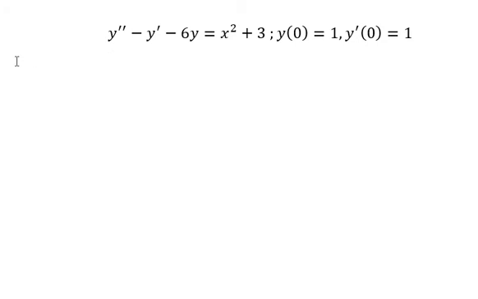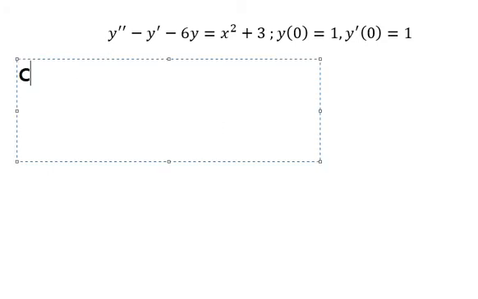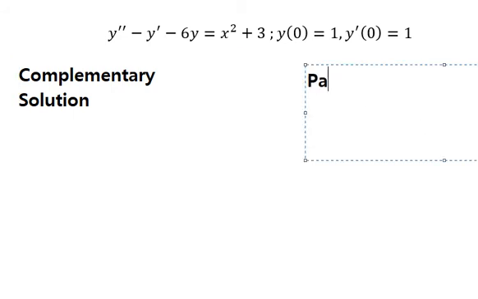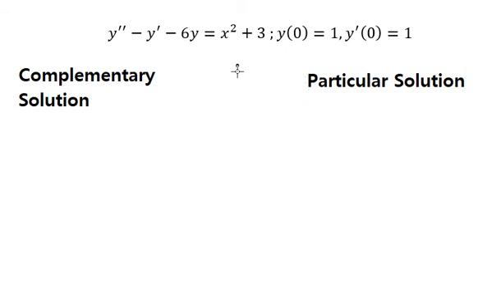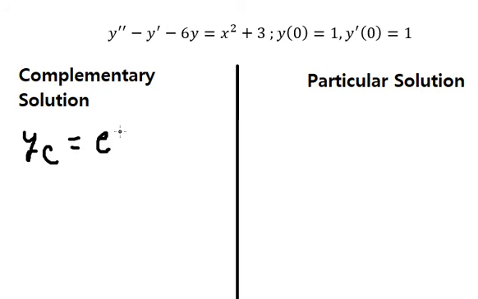In this one, we need to create a complementary solution and a particular solution. For the first one, we put yc equals e to the power of lambda s.